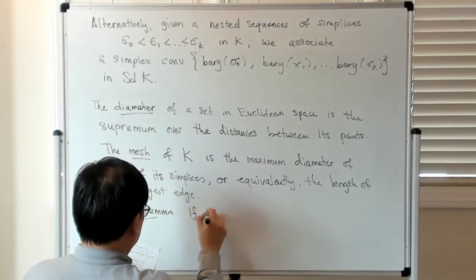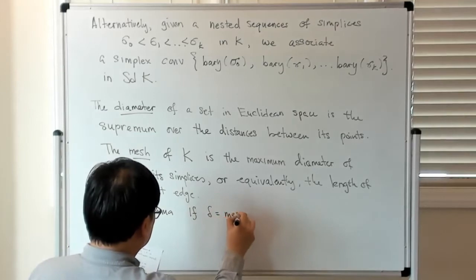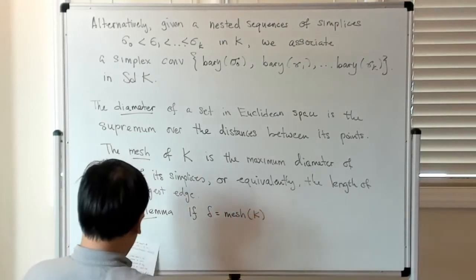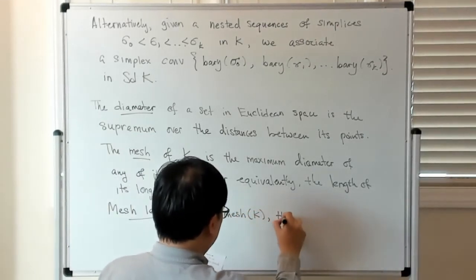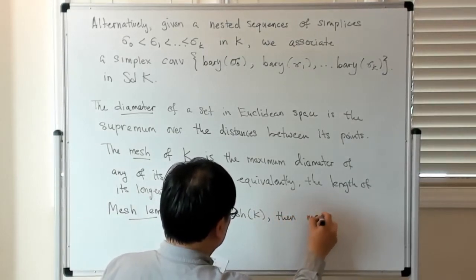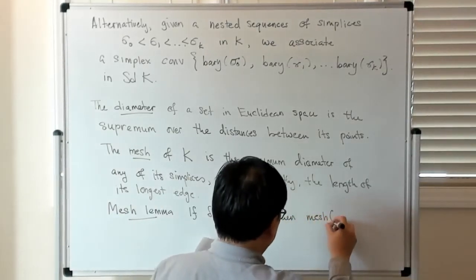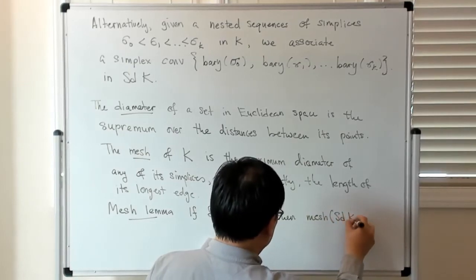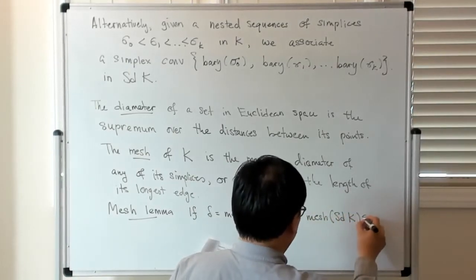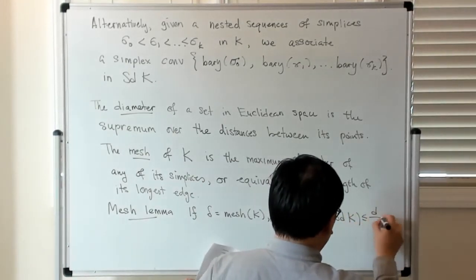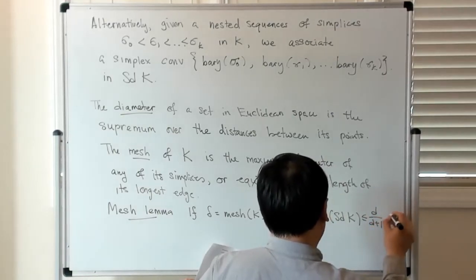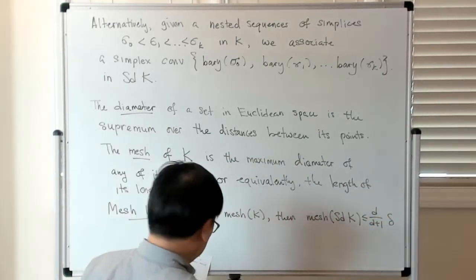If delta is the mesh size of a simplicial complex, then the mesh size of its barycentric subdivision is going to be bounded from above by d over d plus 1 multiplied by the original mesh size.